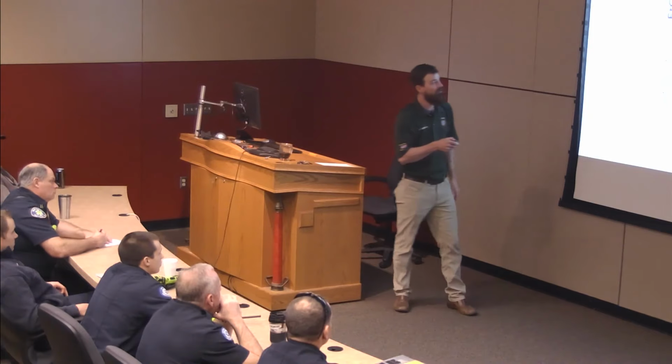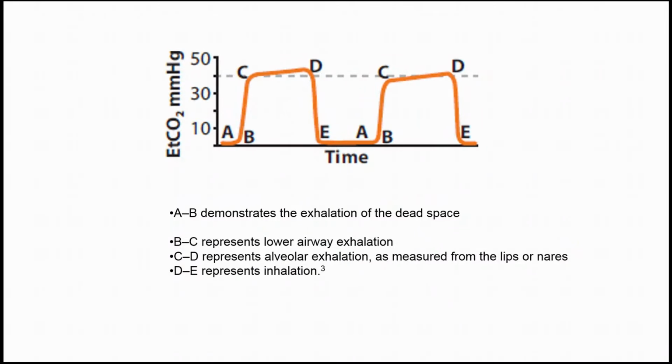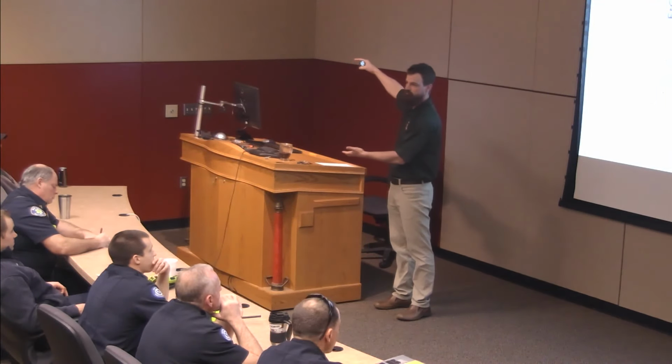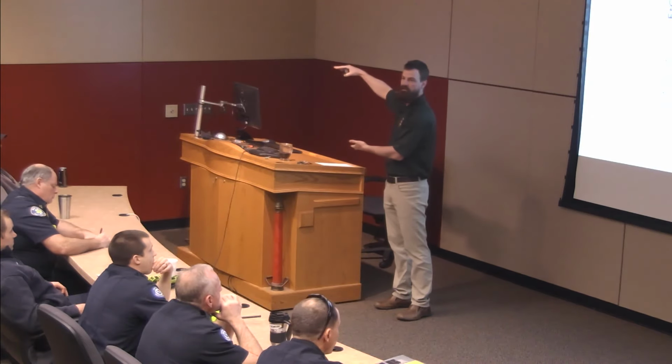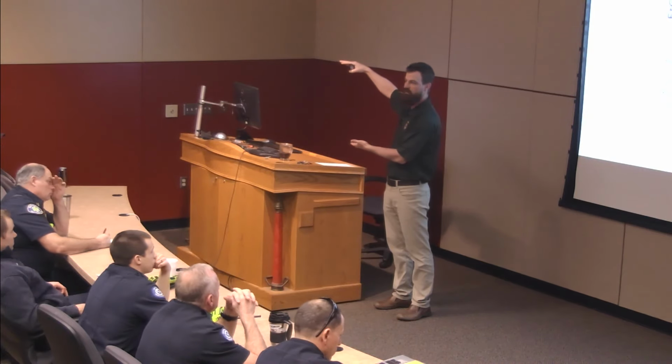So generally, this little section from A to B right here is exhalation of the dead space. So it's that initial little bump up right here. It's that initial little step. So I'm moving out air that didn't participate in gas exchange, right? So it still represents what's in the environment, okay? So when I move air from my trachea out into the environment, it looks a lot like the air that's in the environment because it didn't participate in gas exchange.